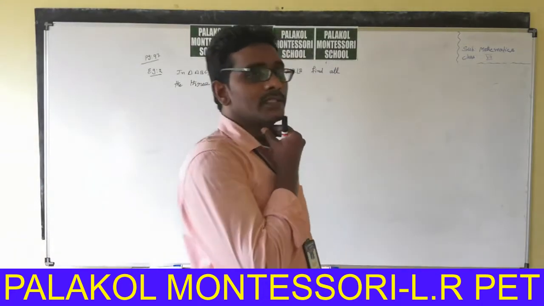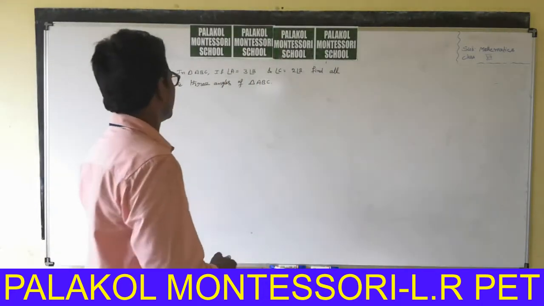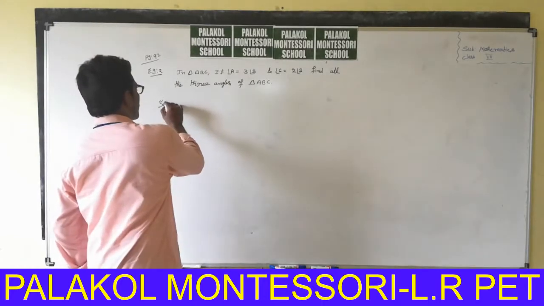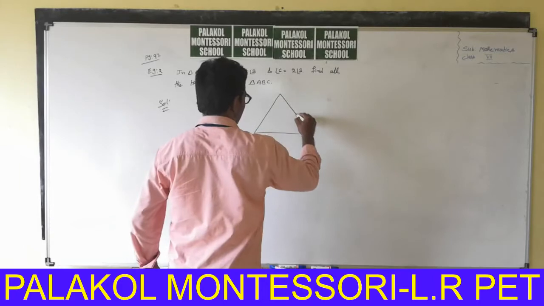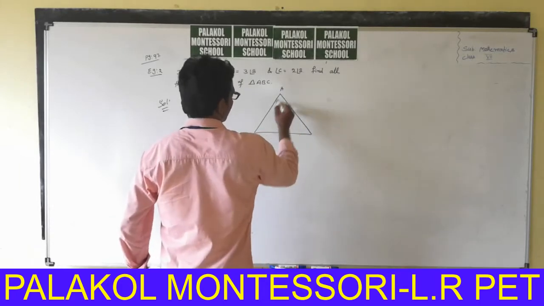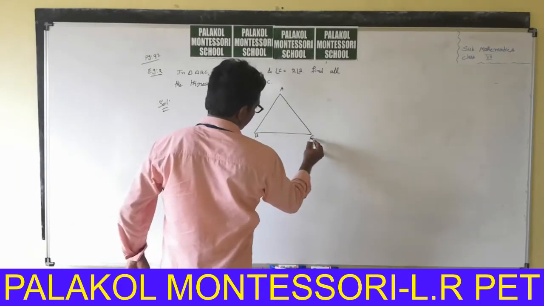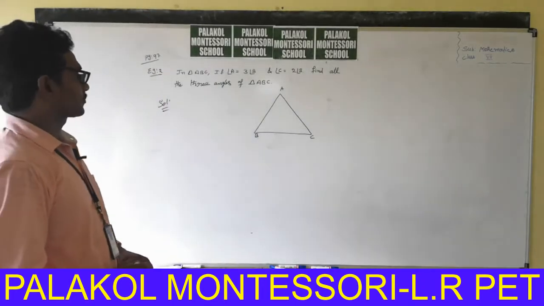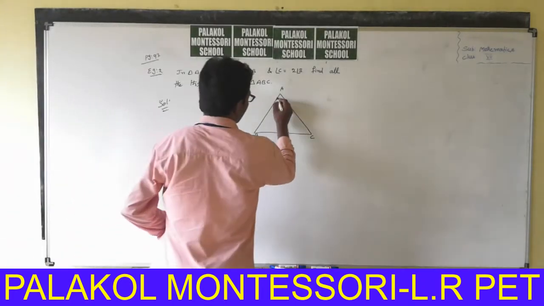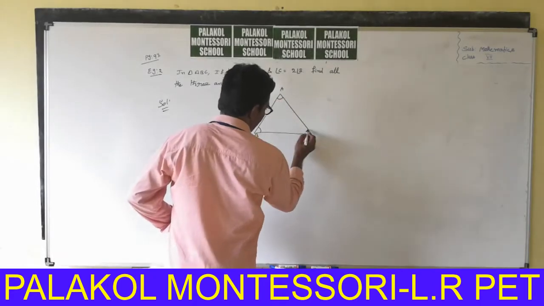First you draw the triangle. Now I do the solution. This is A, B, C, triangle ABC. This is angle A, angle B, angle C.